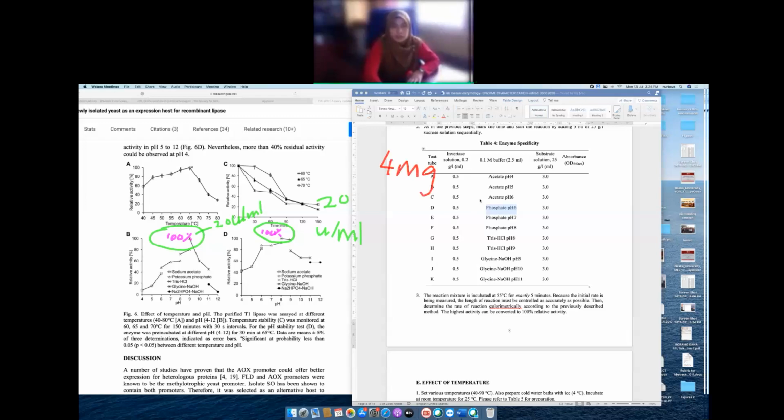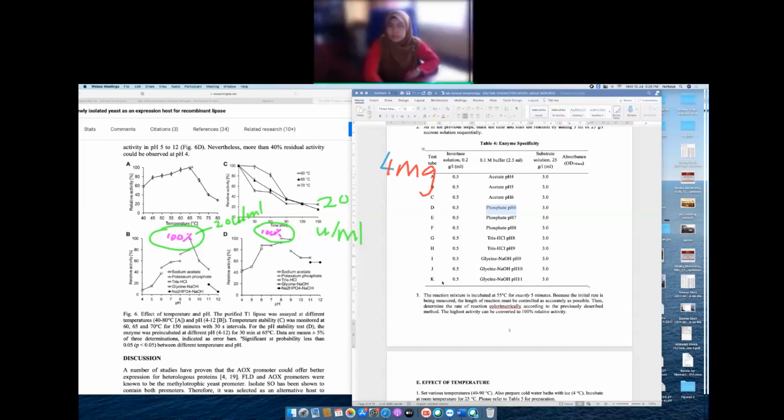That means we need to calculate our protein exactly to be 4 milligram for each of these. Okay, we need to calculate our protein so that we can standardize. We can have 4 milligram for each tube, tube A, B until K.